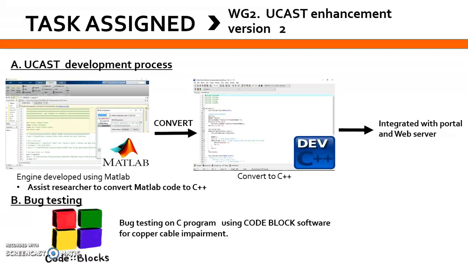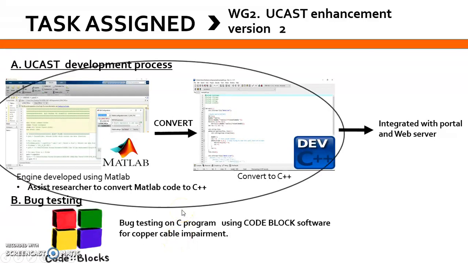We can use just one line to get all the data, but whenever we want to convert to Dev C++, we actually need to write a whole program to replace the only one line in MATLAB. After that, I got involved in testing the C program using the Corebloc software for the copper cable impediment for ADSL, VDSL, the upload speed, download speed, and the throughput as well.